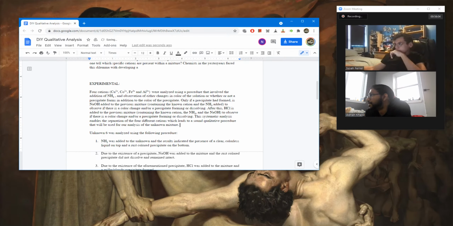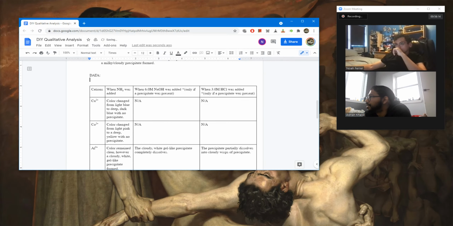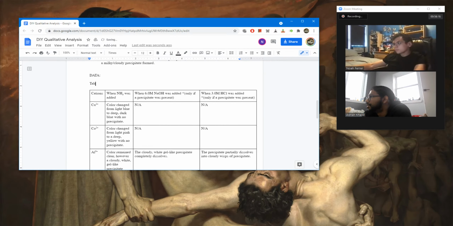The results are in, let's call this table 1, which is basically known cation observations.